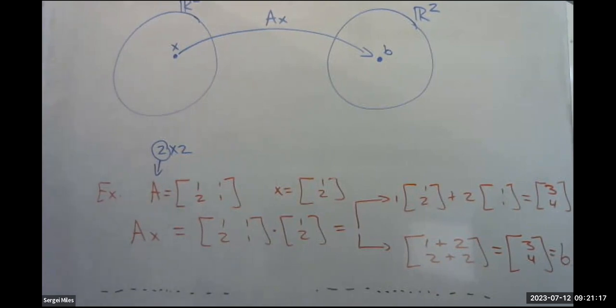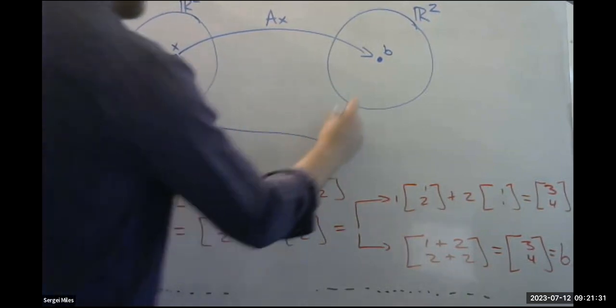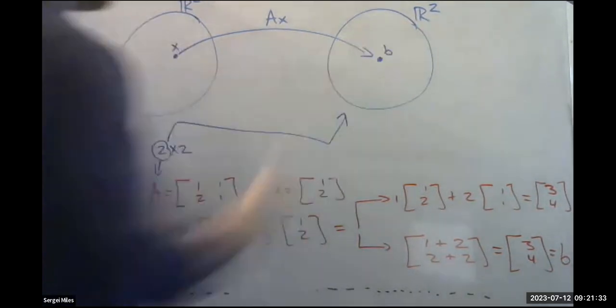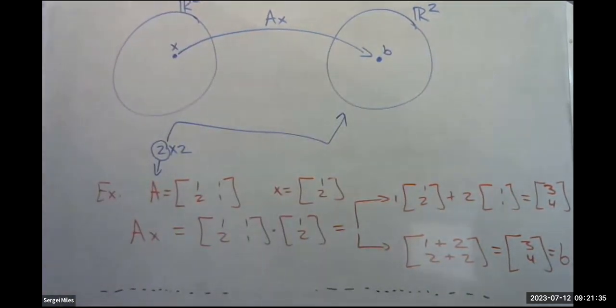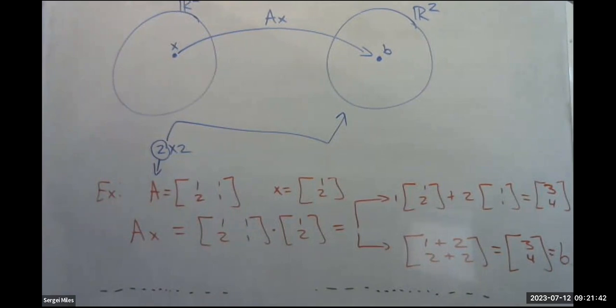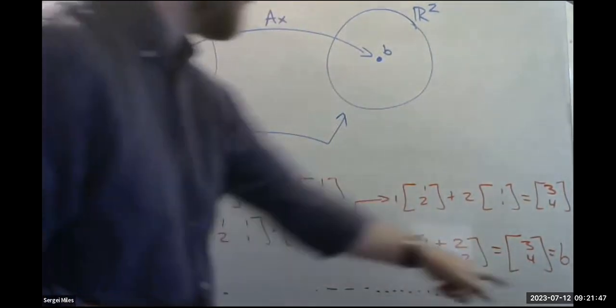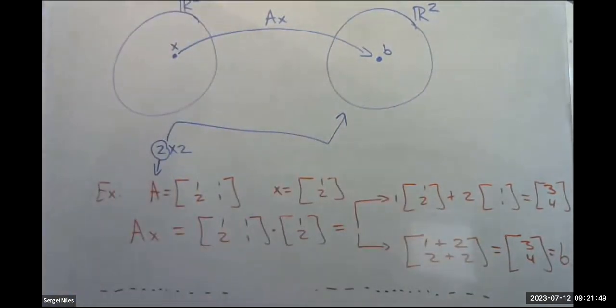Well, if I take a combination of vectors in R2, the result of that combination is going to be something in R2. So in other words, the number of rows for your matrix A is going to tell you what space your b is going to be inside of, right? In this case, because A is a 2 by 2, x and b are actually in the same space, but it did transform x into a new vector, right? The vector 1, 2 and the vector 3, 4 are not the same vector.